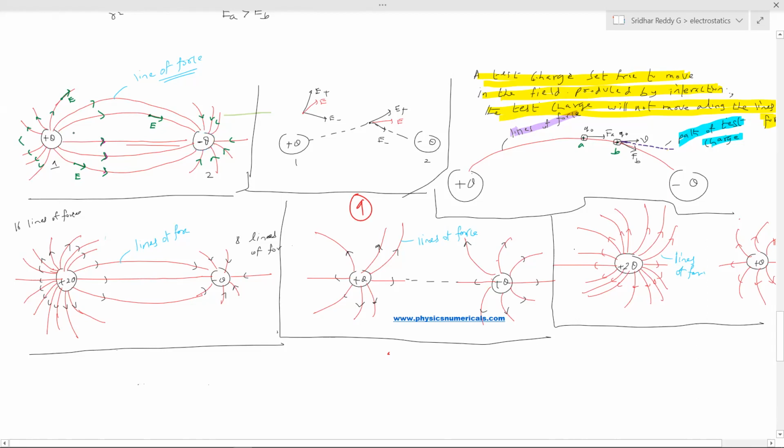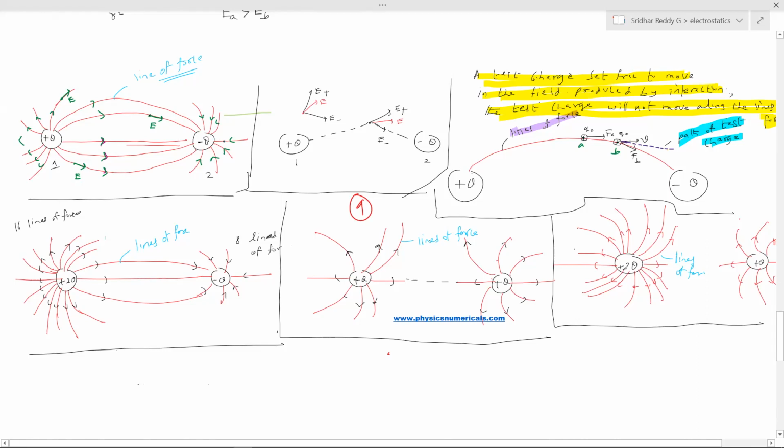Now, how many lines of force did I take here? 1, 2, 3, 4, 5, 6, 7, 8, 9, 10, 11. Let me count it; I missed a number. I took 11. Then how many lines of force here?